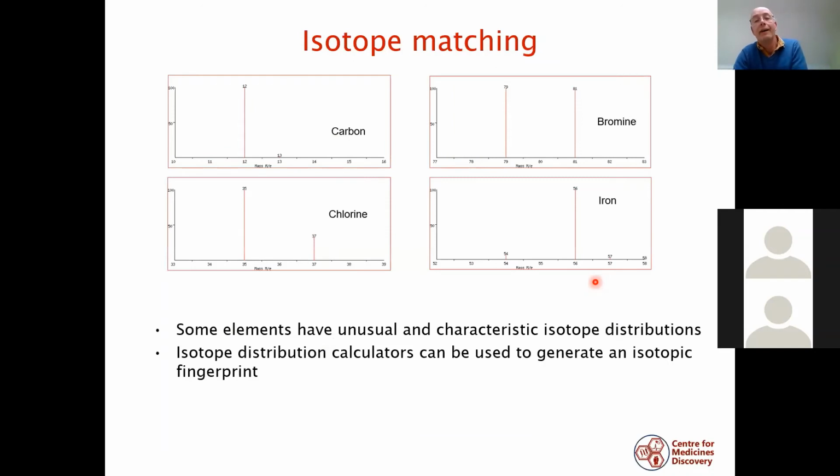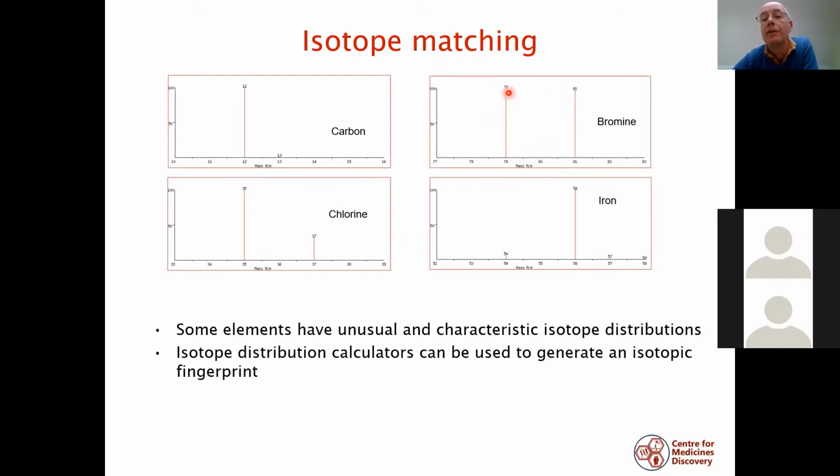Another tool that you have are isotopes. We've looked at some of the isotopes of carbon. Carbon's principal isotope is carbon-12, with 1% carbon-13. But if you're a chemist, you'll probably be familiar with the idea that isotopes can have different abundances, and they can be characteristic. If you take, for example, bromine here, 50% is 79, 50% is 81, and there is none at mass 80.